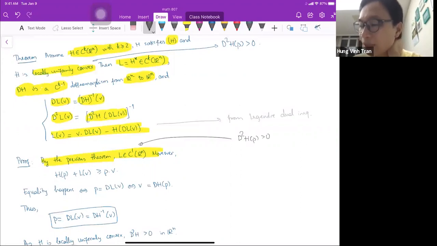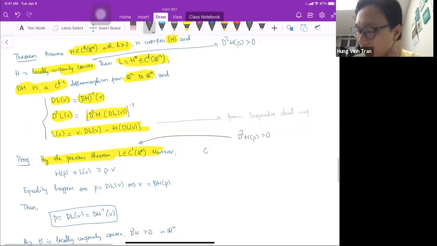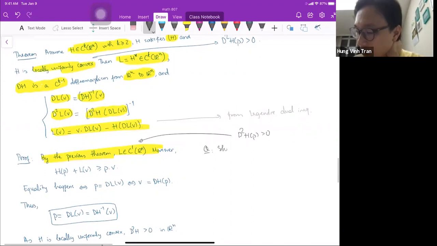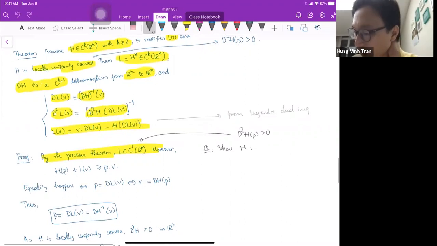Then I'm gonna ask you to do this one just for fun, and post this question for you to discuss: show that if d squared of h at p is positive, then h is strictly convex. I mean, this is rather clear, right? But we need to write it down.